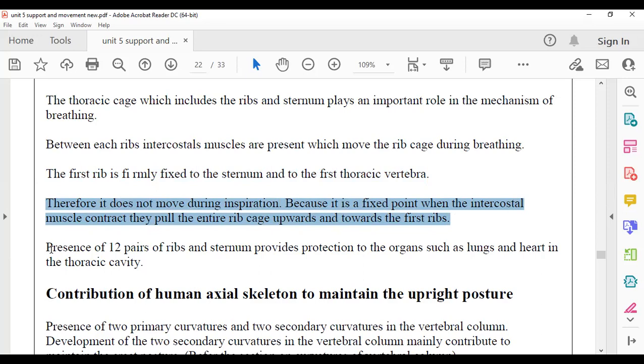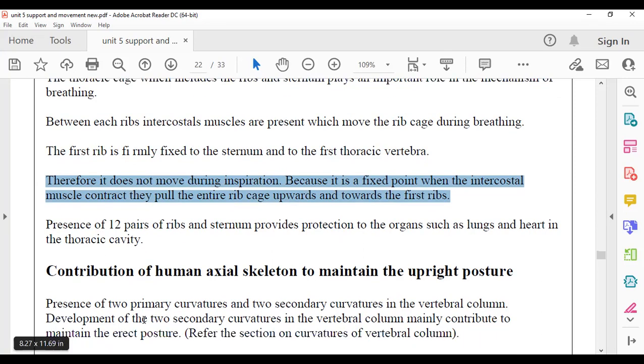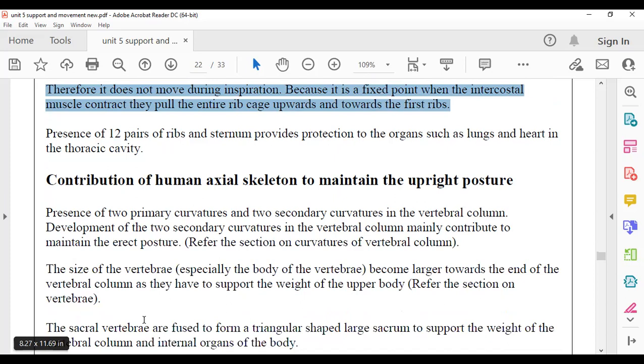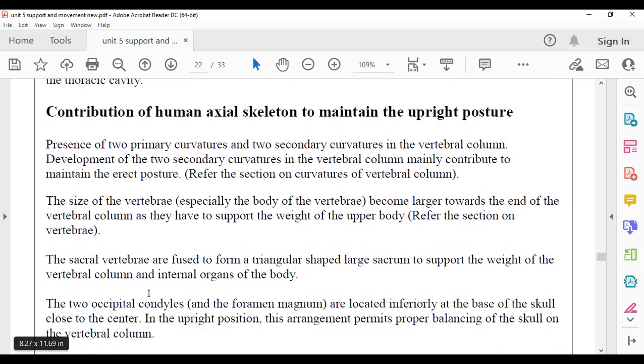When the muscles are relaxing, they will move downwards, right? That is the point you wanted to clarify, no? Yes, sir. But we can't show the movement of ribs in the class, no? So that's why I took that one.